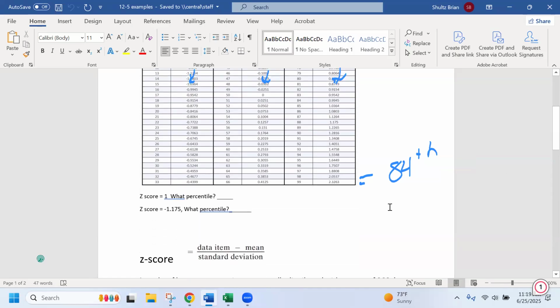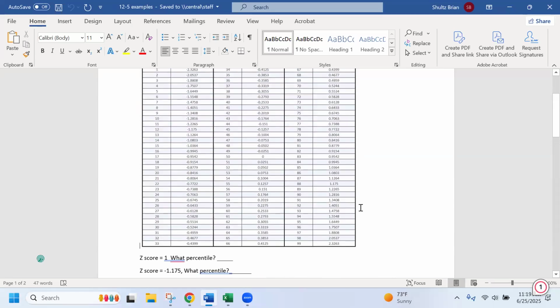What about negative? Well, what about negative 1.175? Again, I'm going to look over here at my z-scores. Negative 1.175 is actually right on here at 12.